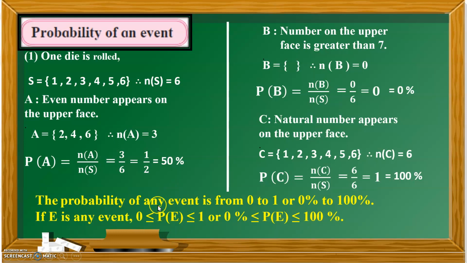That means our probability of any event will be any number between 0 to 1. As I have mentioned earlier, it can be a fraction and the fraction should be a proper fraction. Proper fraction means the numerator should be less than the denominator. You can never have a probability where the numerator is bigger than the denominator. And the percentage will be between 0 to 100%. It will be a non-negative number, always between 0 and 1.